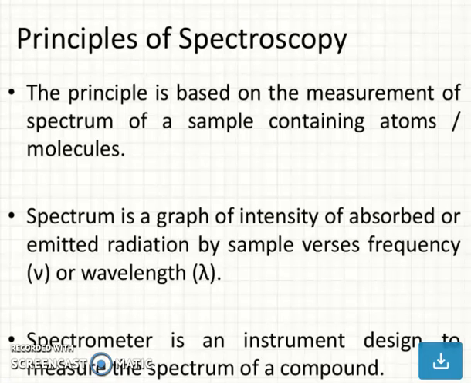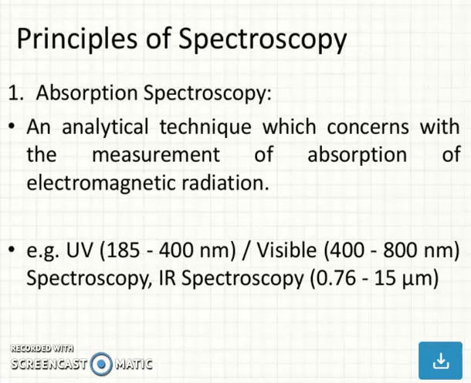You also know the spectrometer is an instrument designed to measure the spectrum of a compound. What is the principle of spectroscopy? The first is absorption spectroscopy, an analytical technique concerned with the measurement of absorption of electromagnetic radiation, for example UV-visible spectroscopy and IR spectroscopy.